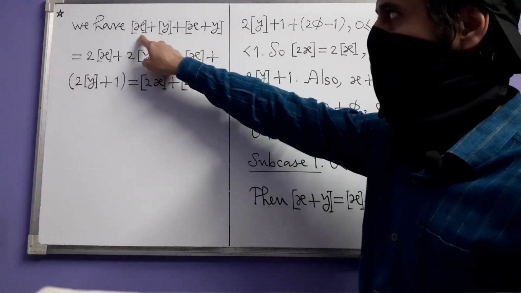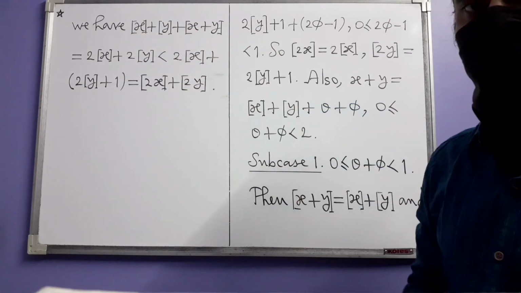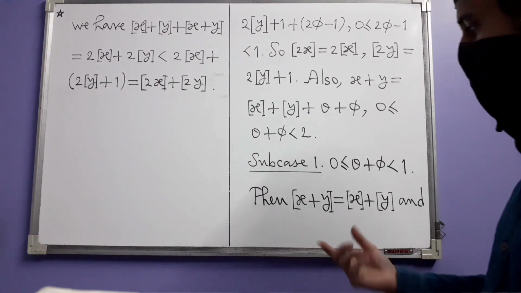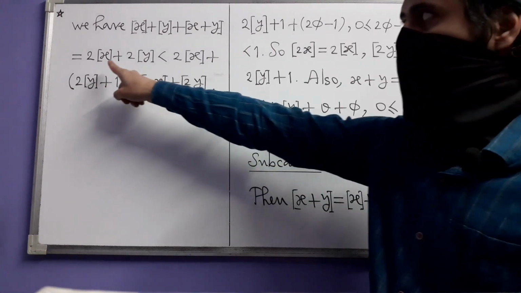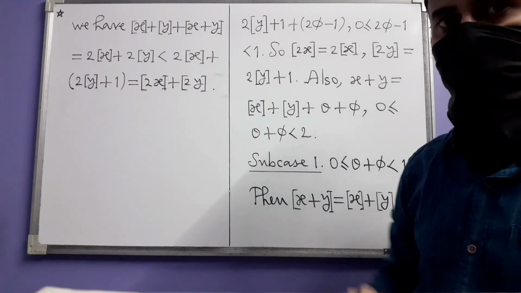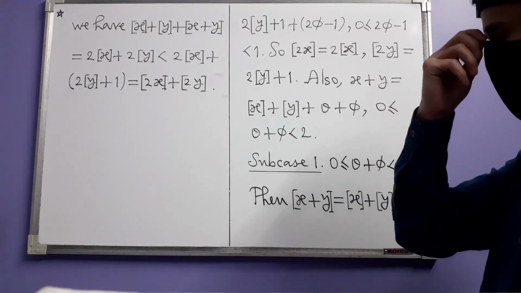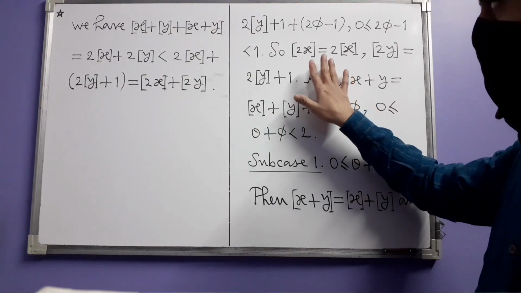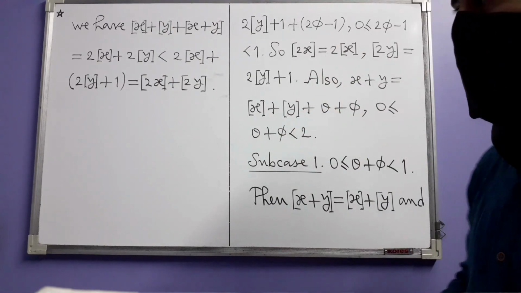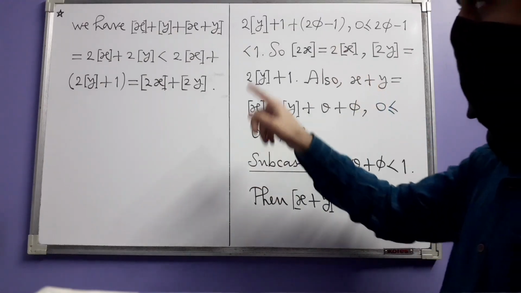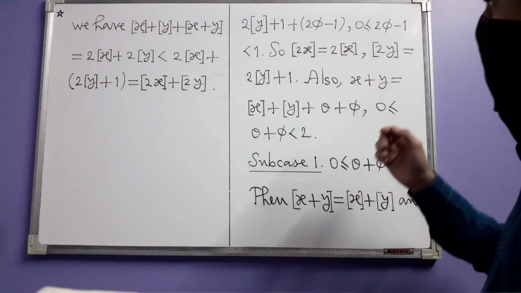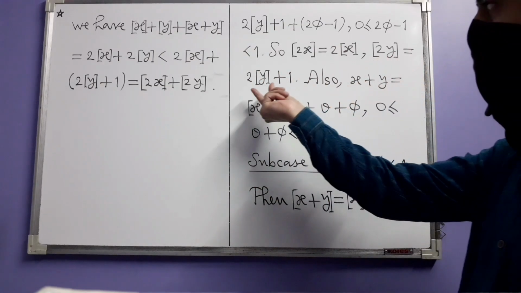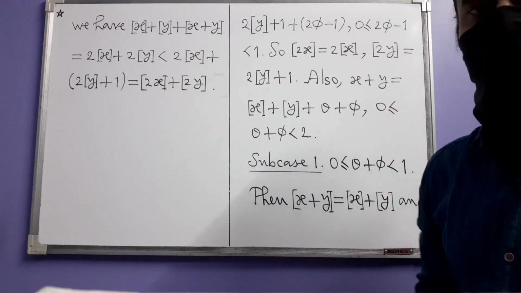Alright. And this then further gives us these things. Again we consider box x plus box y plus box x plus y. And again because of this we get 2 times box x plus 2 times box y. However, now the situation has changed here because of y. 2 times box x is still box 2x, but box 2y is 2 times box y plus 1.